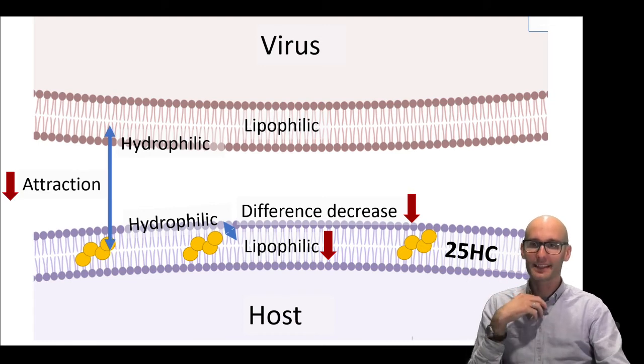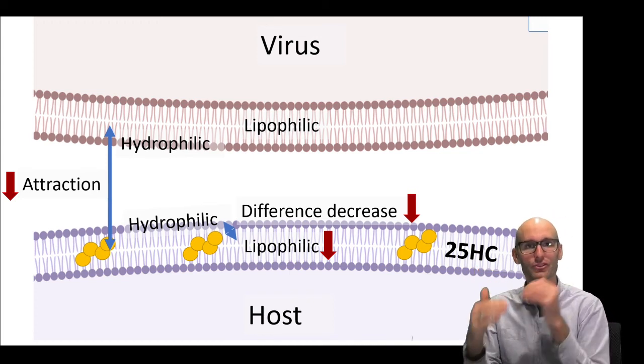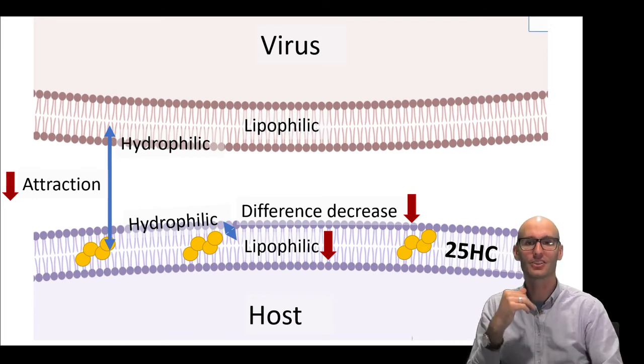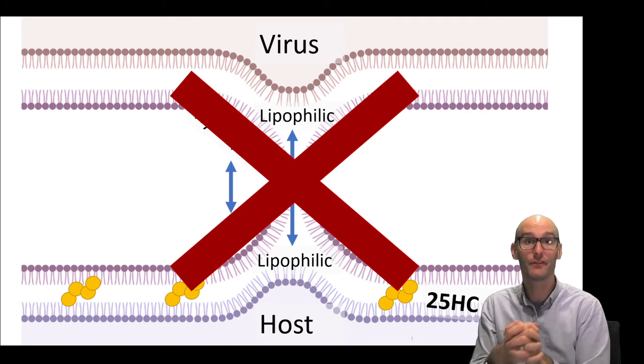So what that means is that the attraction between these two membranes has gone down, because this is less hydrophilic, this is less lipophilic, so this is less similar to that, and this is less similar to that. So now the attraction between these two membranes has gone down, which means that we repel this fusion.